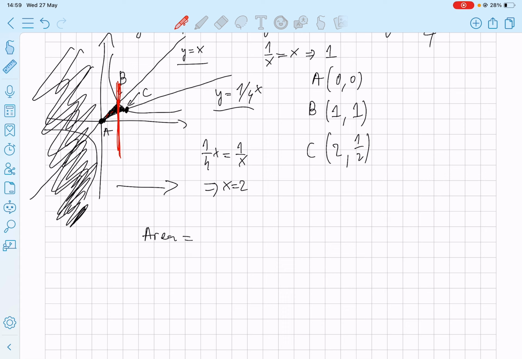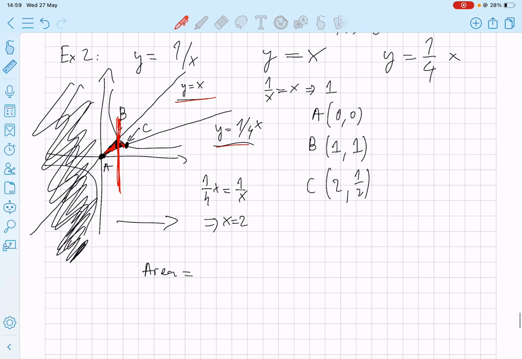So the left region will be enclosed by the function y equal to x and the function 1/4 x, and the region on the right will be enclosed by the function y equal to 1 over x and the function 1/4 x.